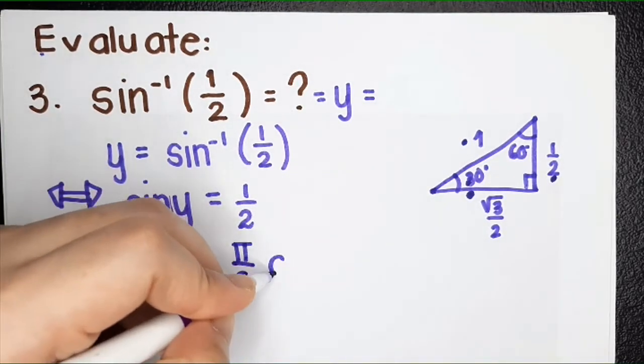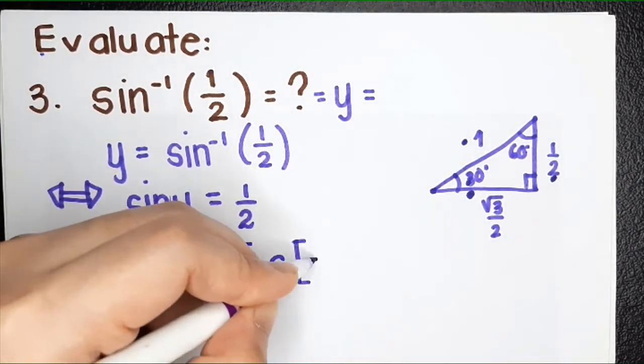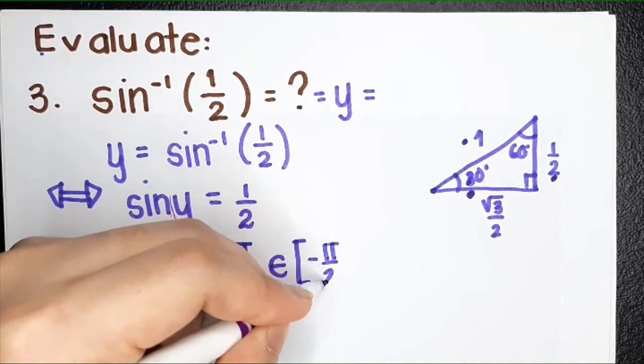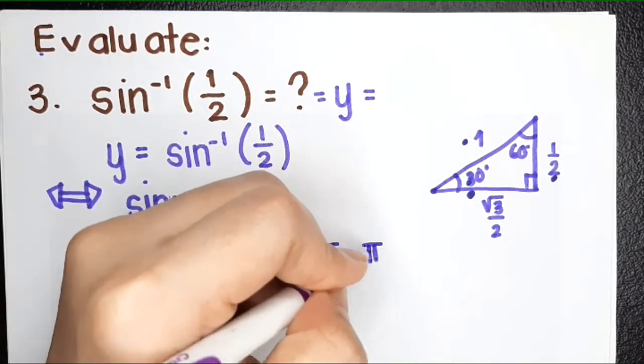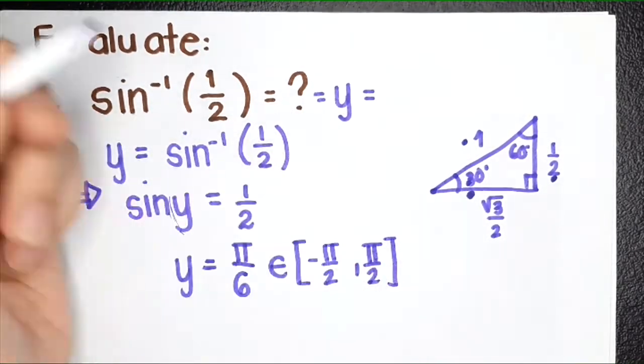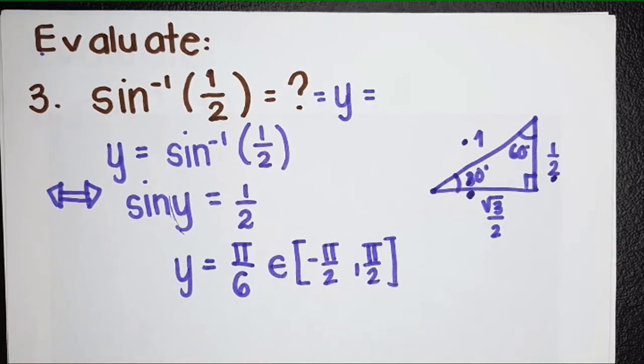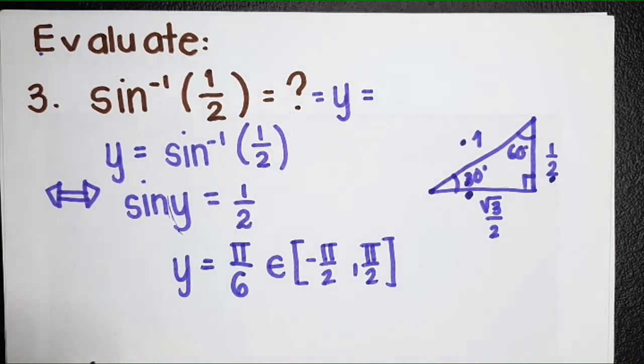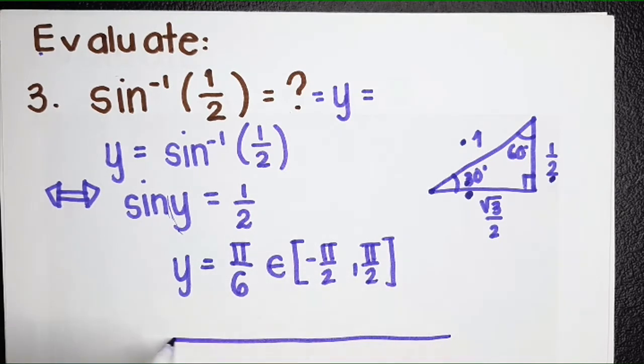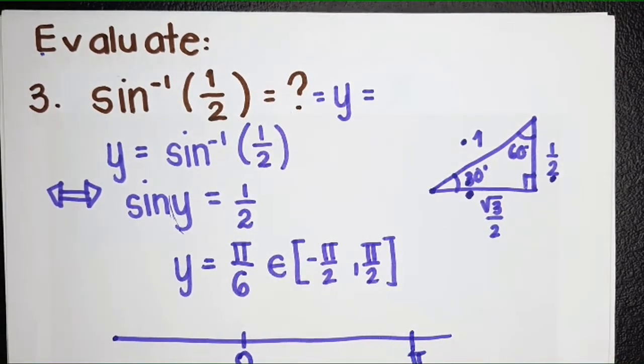Is it in this interval, negative pi over 2 to pi over 2? Nandyan ba siya? Yes. Okay? So, bigyan ko nga kayo ng hati talaga. Kunyari, ito yung 0. And then, this is pi over 2.